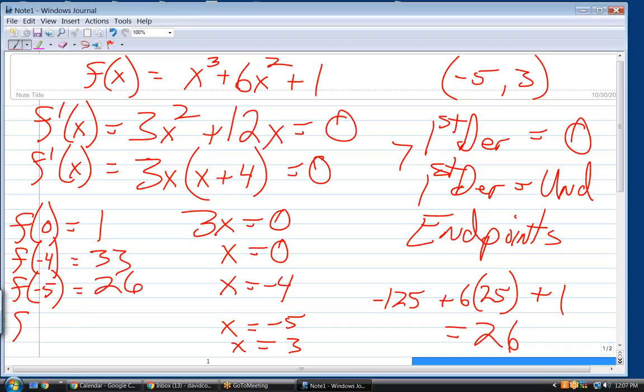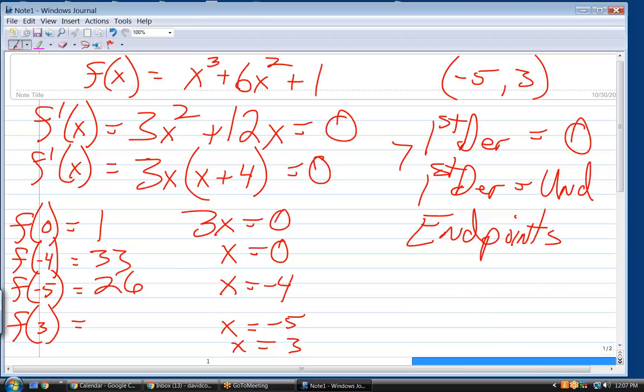And finally, f of 3 is 27 plus 6 times 9 plus 1. That's 54 plus 27 plus 1, which is 82.